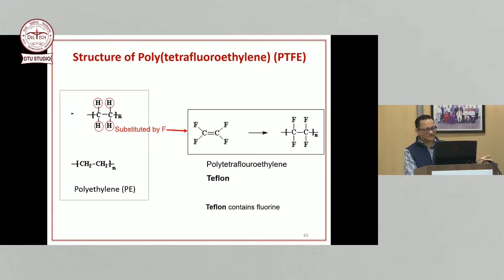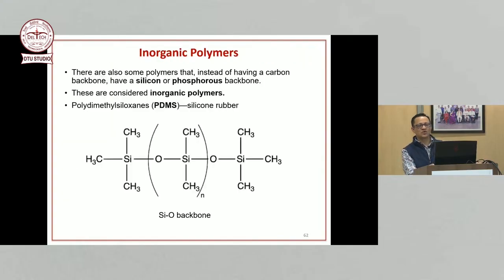You can make PTFE. Now inorganic polymers, right? If they do not have this carbon backbone, now you have an inorganic polymer with a silicon backbone. Okay, PDMS or silicone rubber, we actually use it a lot for a lot of different applications.